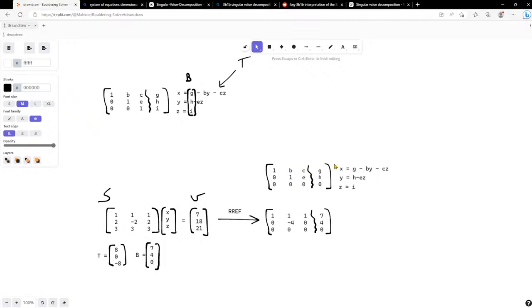What's not a constant is X, Y, and Z. So if we let Z be free, then the bottom row of T is a 1.